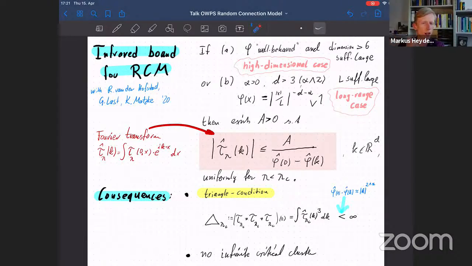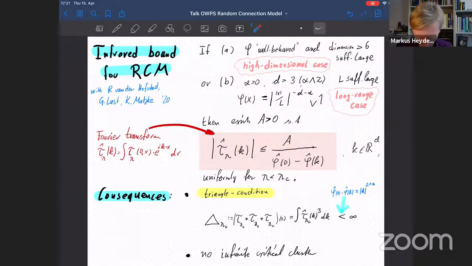Whereas the function phi is an easy function. We are given that function and we can just compute the Fourier transform. So this is the easy part, whereas this is the thing that we really need to understand. So this bounds a complicated quantity with a simple quantity.